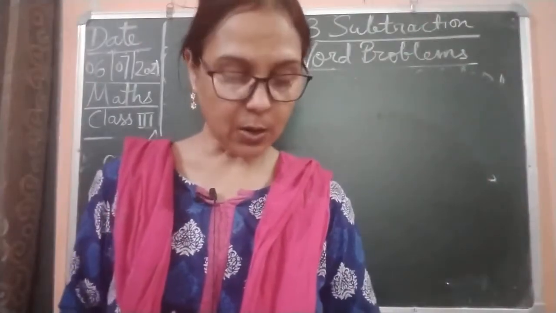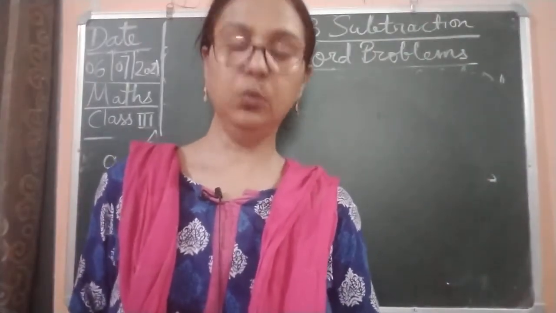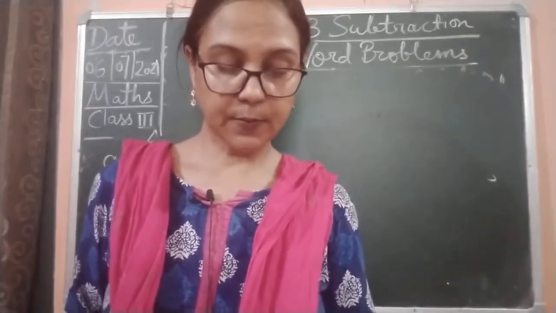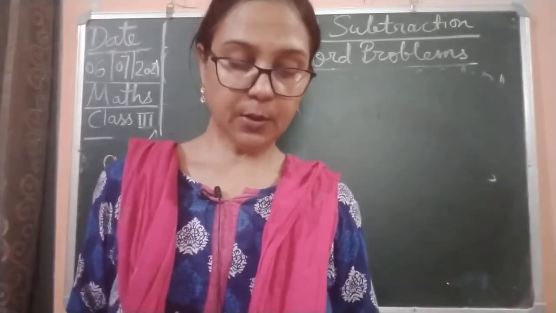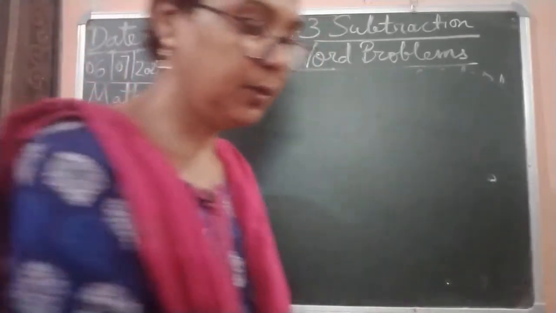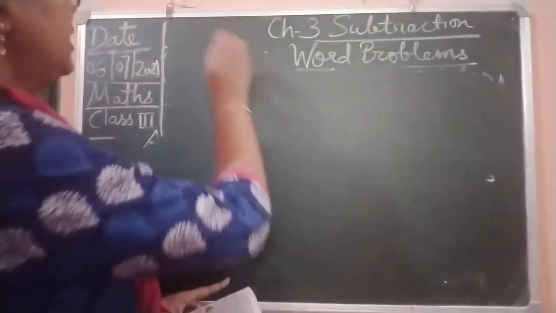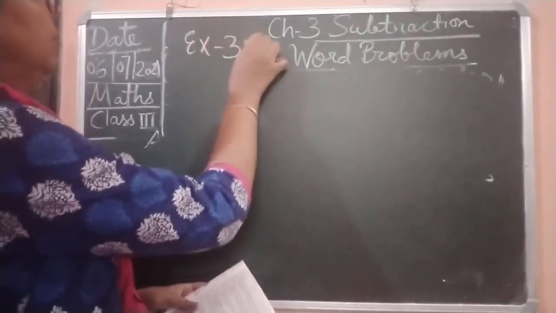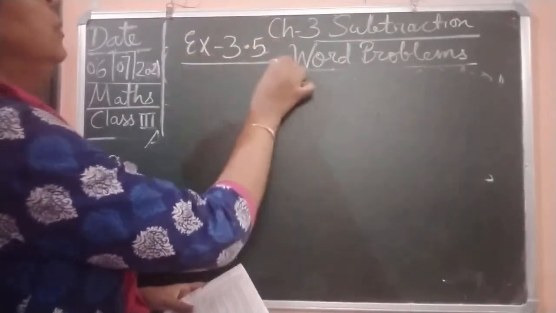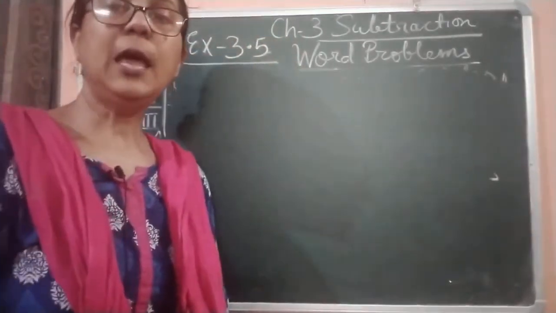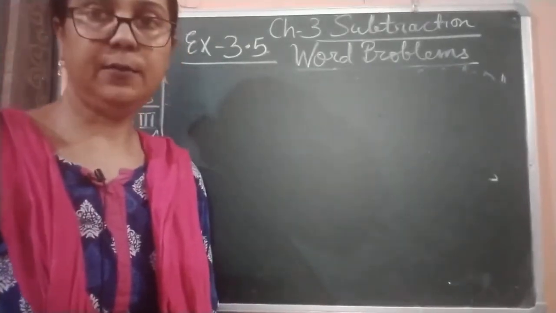Children, please take out page number 52 in your composite mathematics. Page number 52 and exercise number 3.5, we are going to start.